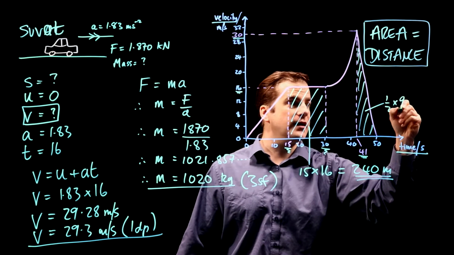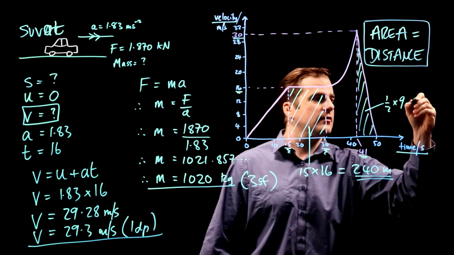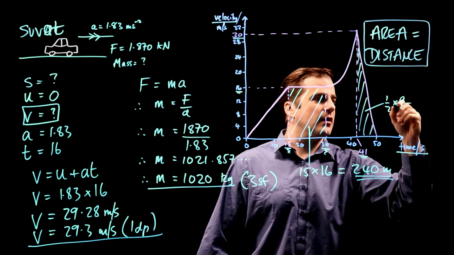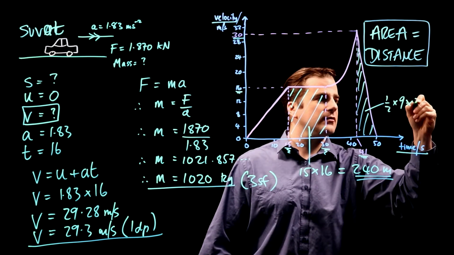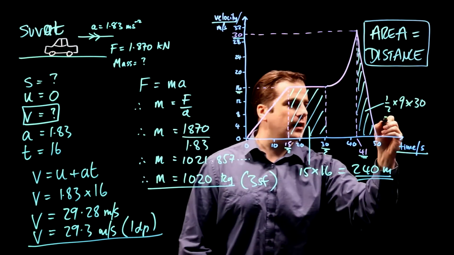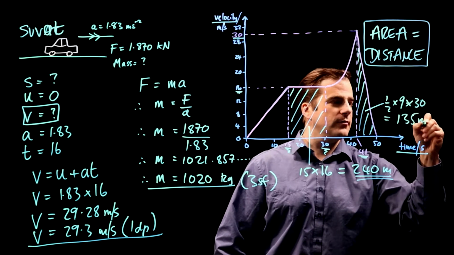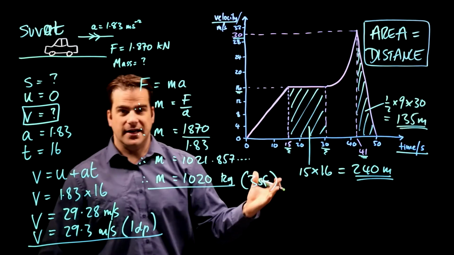41 to 50 is 9. Height is 30 to 0. Half times 9 times 30. Good. And that turns out to be 135 meters. Easy.